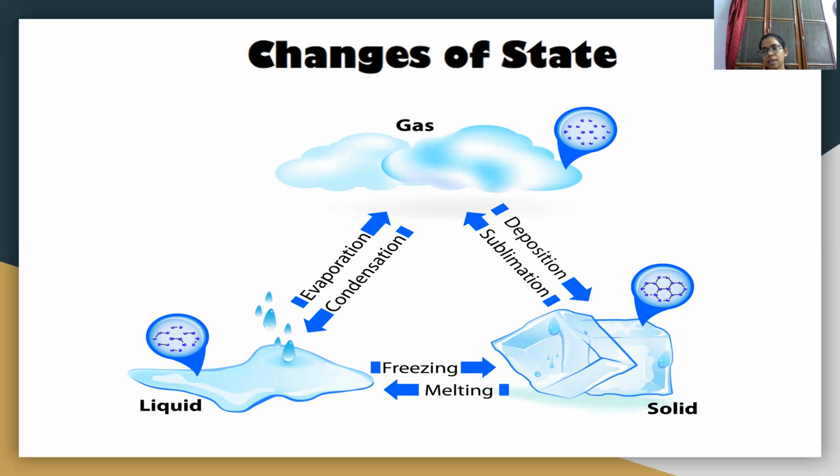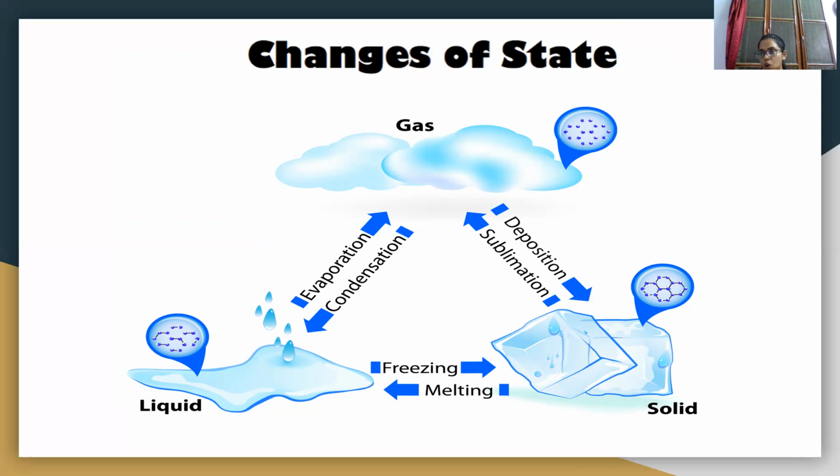Melting is nothing but ice which is converted into a liquid. So the next process is called evaporation. Evaporation is nothing but the liquid which is converted into a gas or steam. Next, the fourth process is called condensation. The condensation is nothing but gas or steam which is converted into a liquid.